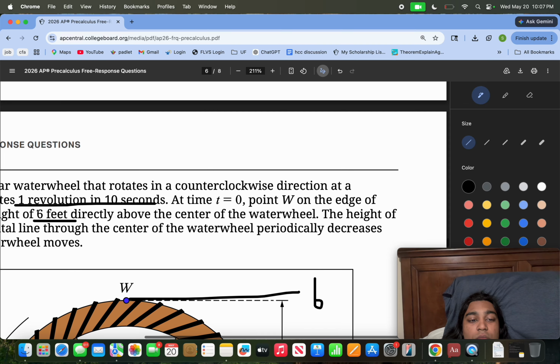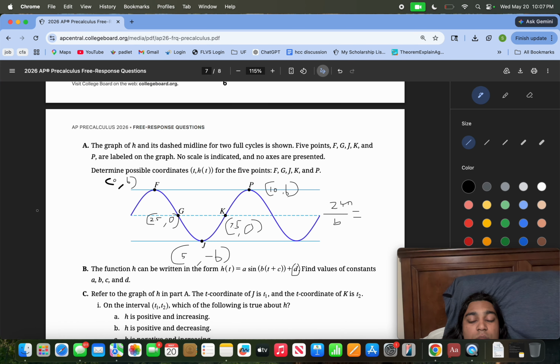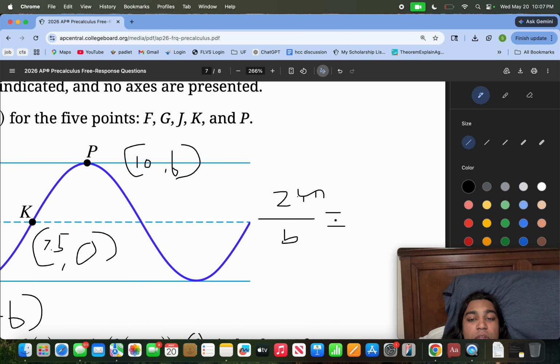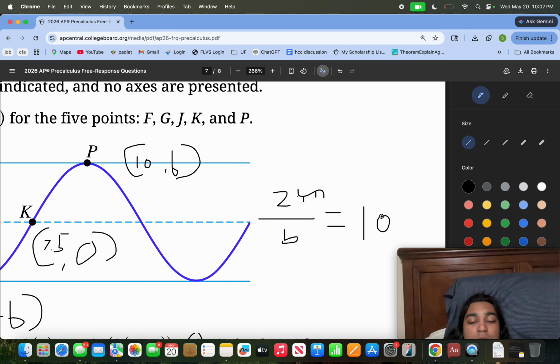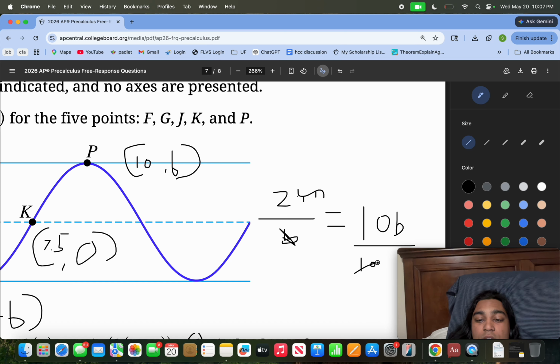We know that it does 1 revolution in 10 seconds, so the period's going to be 10. So 2 pi over B equals 10. We can multiply both sides by B. We get 2 pi equals 10B. Now we divide both sides by 10. So the 10 here cancels with the 10 here, and now we have 2 pi over 10.